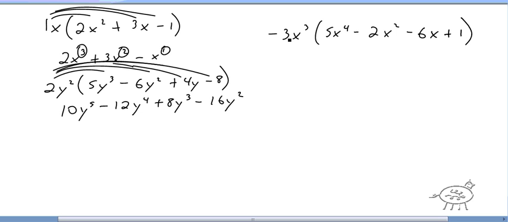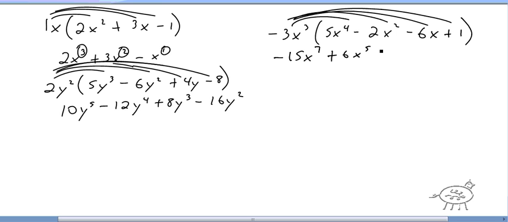So it's negative 3 times 5 is negative 15, x to the 7th. Negative 3x cubed times negative 2x squared, because remember, it's all multiplication here, guys. So that gives you plus 6x to the fifth. Negative 3 times negative 6 is plus 18x to the fourth. And negative 3x cubed times 1 is negative 3x cubed. That's your answer.